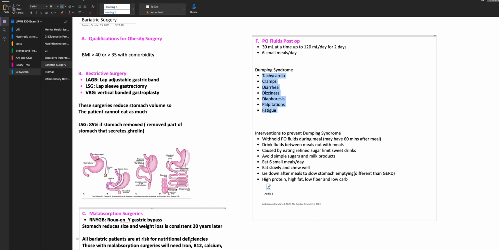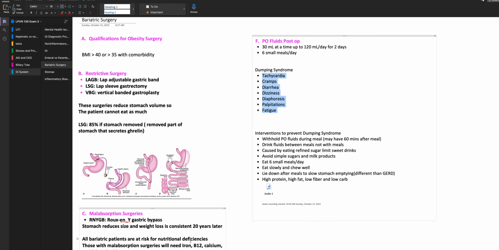So there's two different types of bariatric surgery. There's restrictive surgery, and this is the newer type of surgery. It's better than the malabsorption surgeries that we used to do long ago. So restrictive surgery, the goal of that is to reduce the stomach volume so the patient can't eat as much.